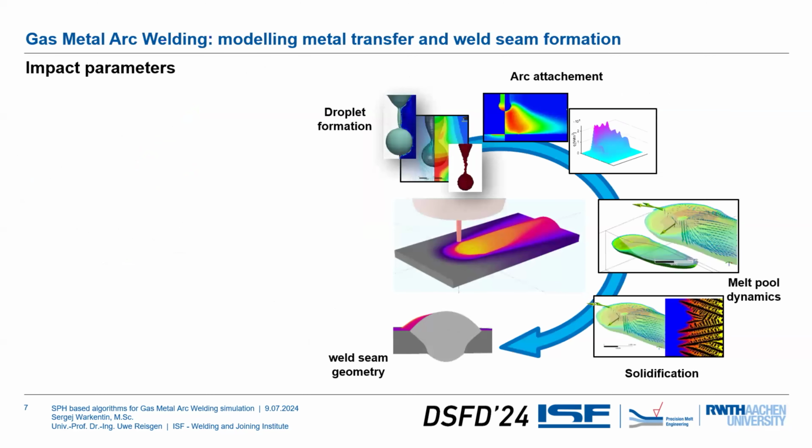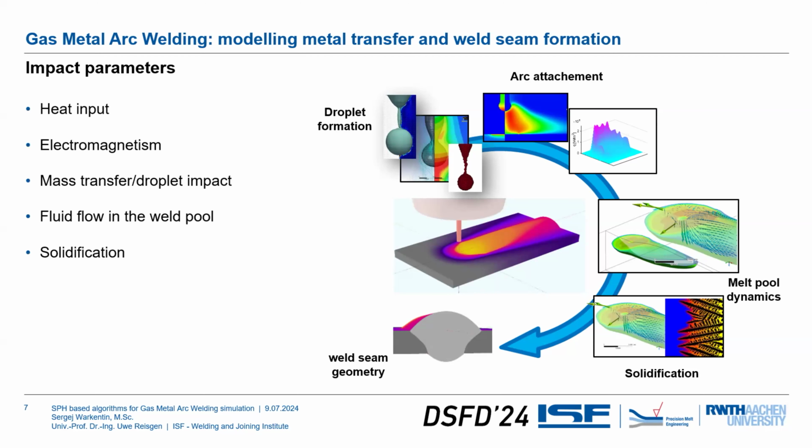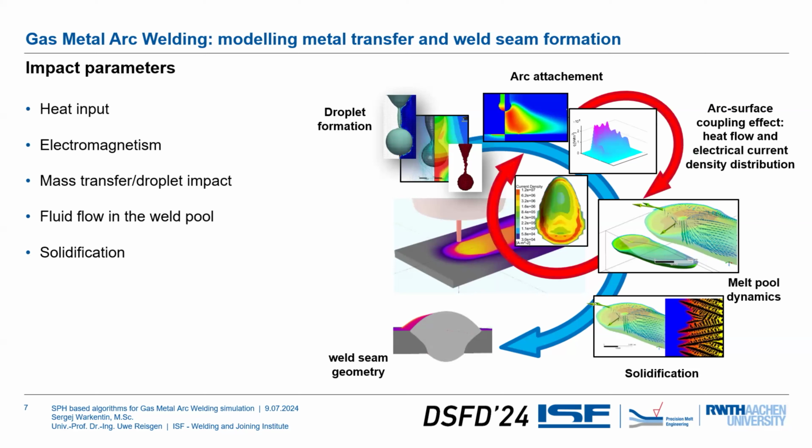What challenges do we have in modeling this, specifically for modeling the metal transfer and the weld seam formation? We already saw this process chain, and we saw that we have a heat input. We have to consider electromagnetism and also the solidification, but it was not the whole truth. It is also very important how the arc is attached to the wire and to the melt pool.